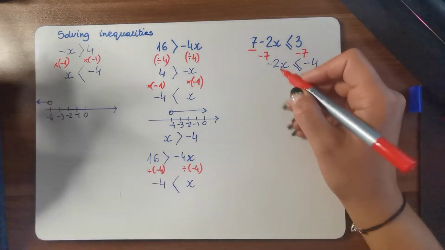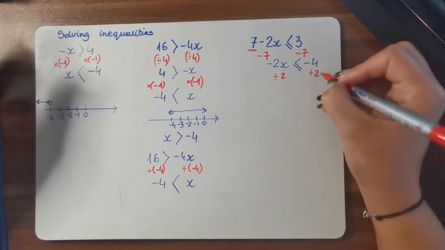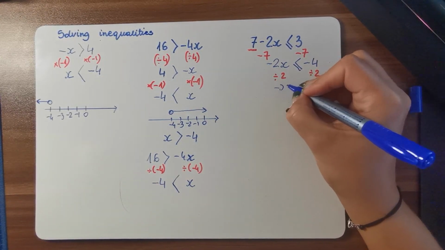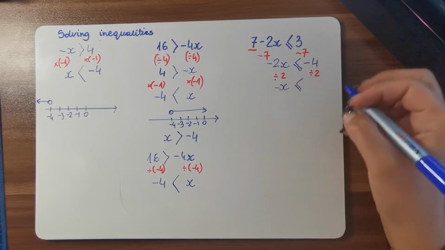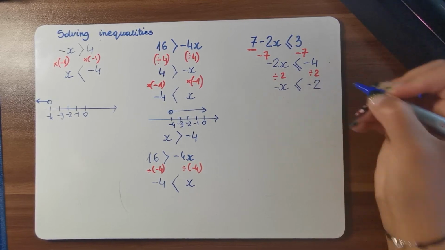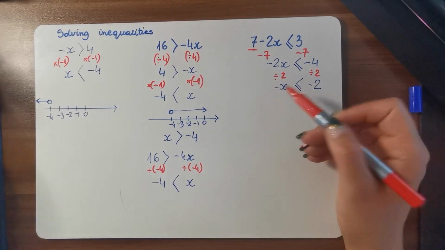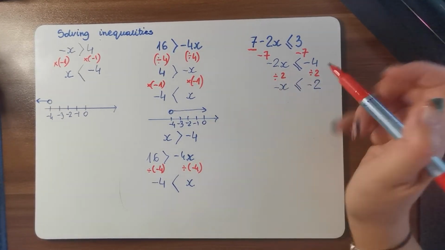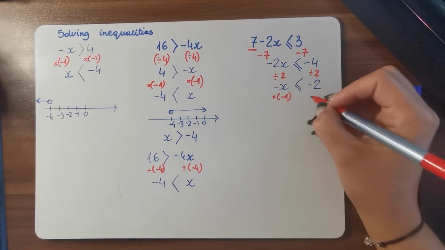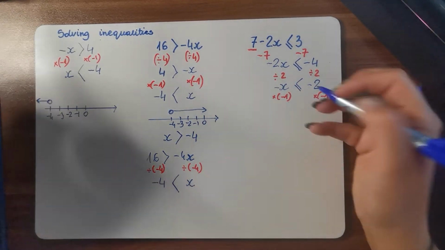First, we will divide both sides by 2. So negative 2x divided by 2 gives negative x is smaller or equal to negative 4 divided by 2, negative 2. And now we need to get rid of the negative here. So we need to multiply both sides of our inequality by negative 1.